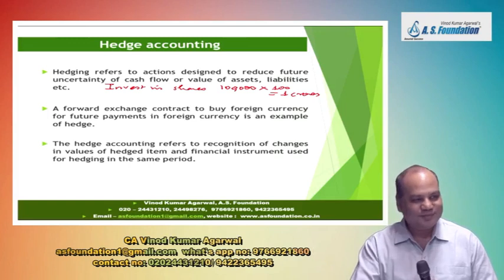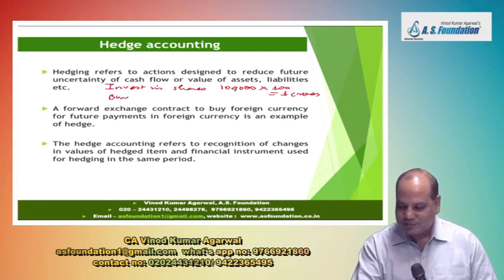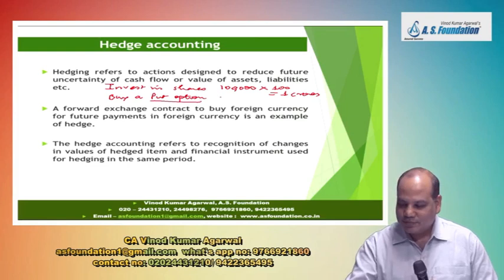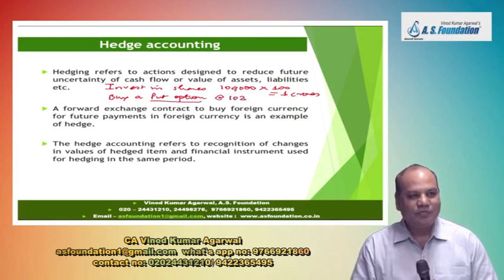So what should you do? There are several ways you can hedge the risk. You can buy a put option. Put option gives you the right to sell. So you buy a put option at say 102 rupees. Now what will happen after 6 months? If the market price is below 100 rupees, you will exercise your put option and sell at 102 rupees.